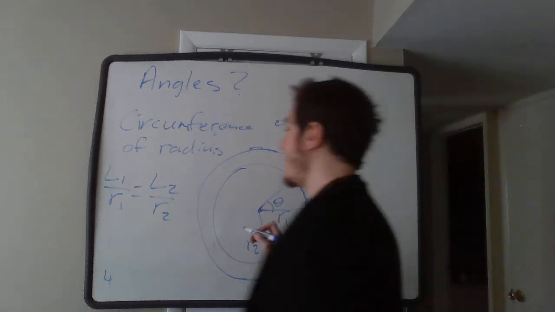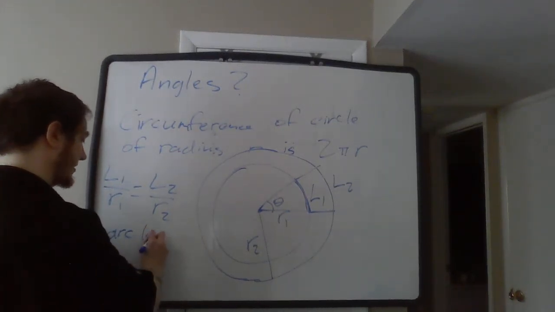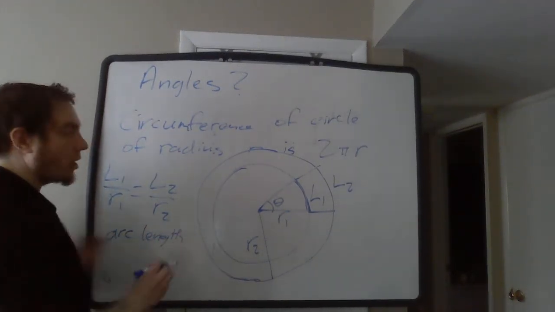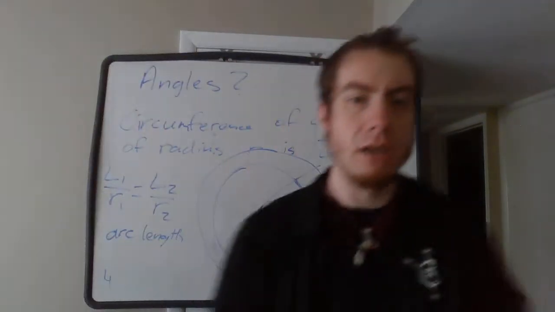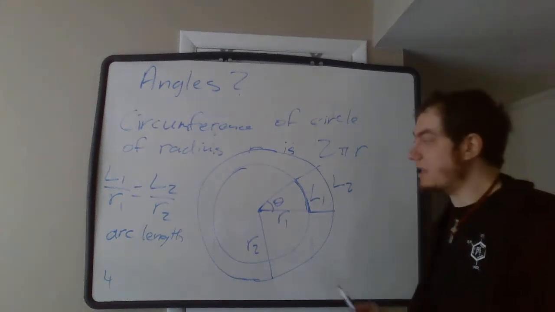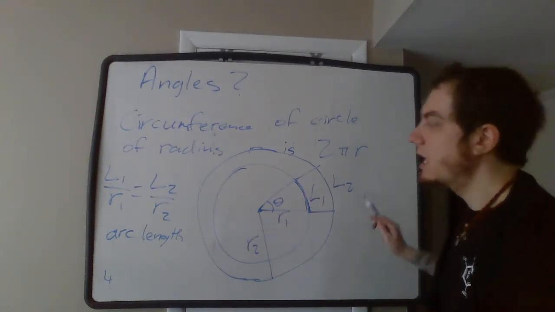So what we can say is that the arc length, and the arc length just refers to what I've called here L1 and L2. Sorry, I'm getting in the light over here. Hopefully you guys can see okay. The arc length refers to L1 and L2.